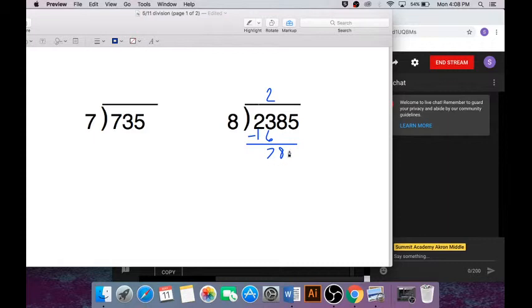Now we need to see how many times 8 goes into 78 without going over. That's going to be 9. 9 times 8 is 72. And we're going to subtract. 78 minus 72 is 6. And then we're going to bring down the 5.